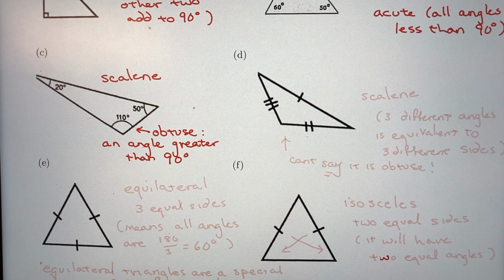Can you have two obtuse angles? No, you can't, because then it would add up to more than 180 degrees. This one is just scalene. So notice that if three different angles, then we have three different sides.